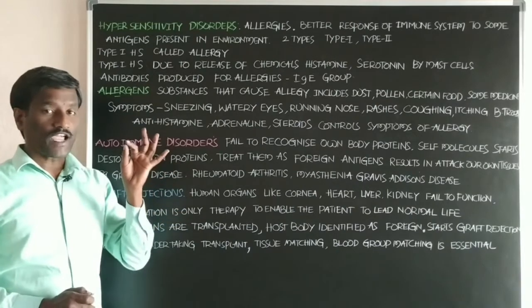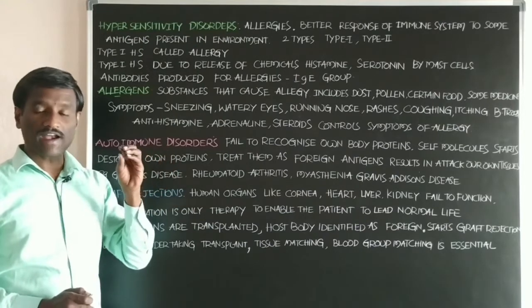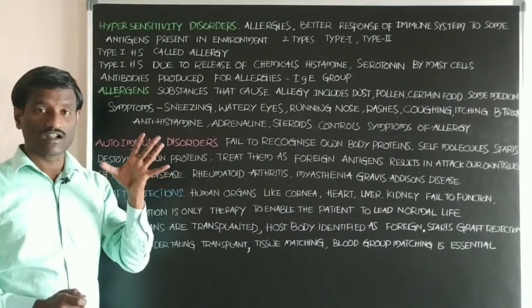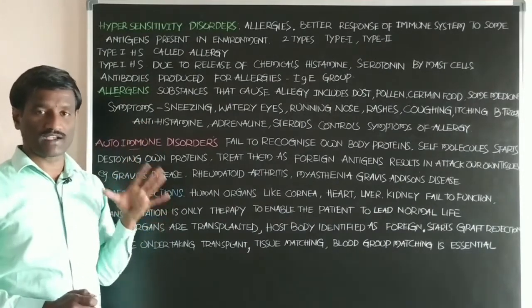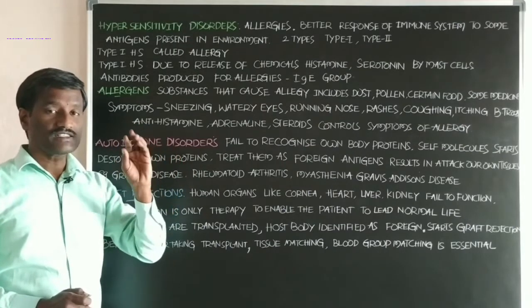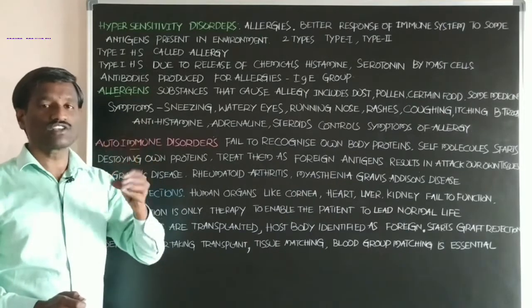In type 2 hypersensitivity, antibodies are produced. These antibodies are IgG and IgM type antibodies. These antibodies kill the cells present in the body's own tissues.